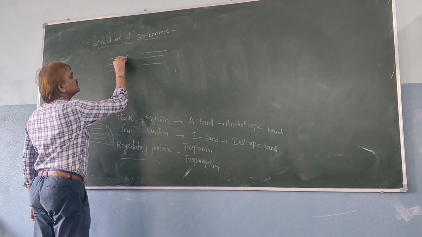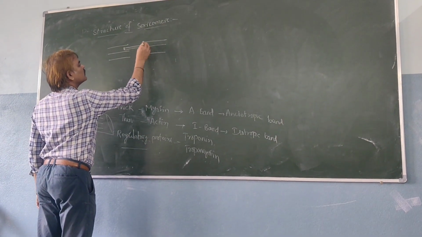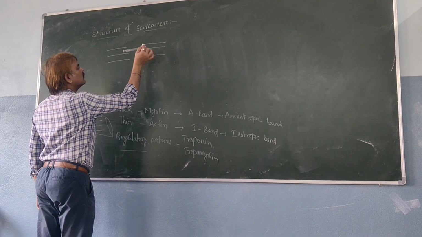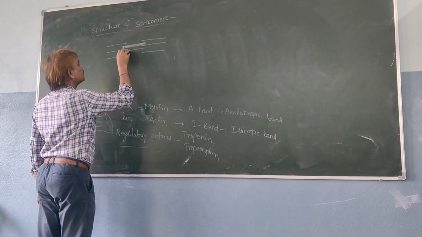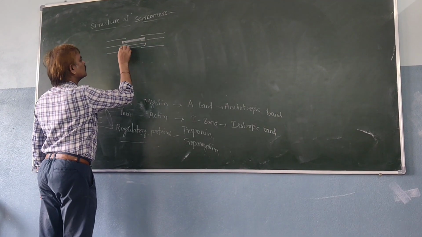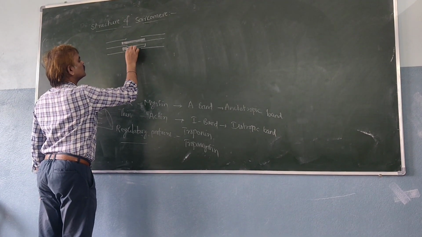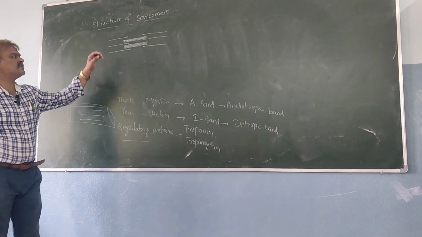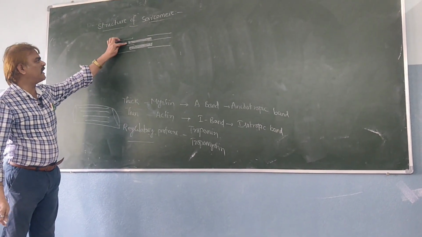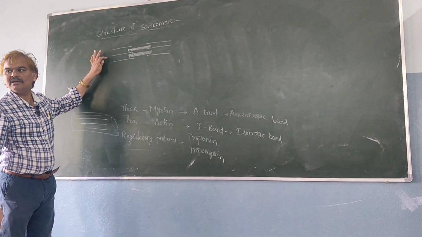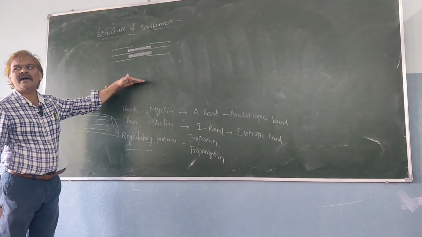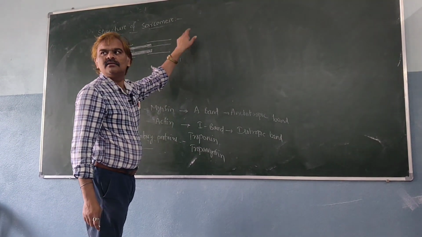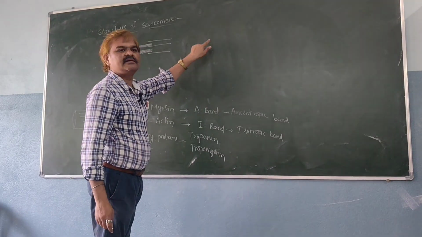So this is one thick band. The arrangement is one thin band, one thick band, one thin band, one thick band, one thin band. Likewise, in total that will be arranged. This side again thick band, thin band, thick band, thin band.